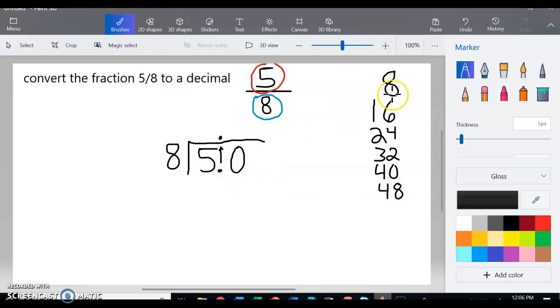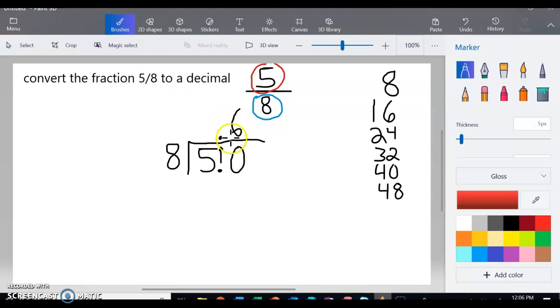So, how many times did we count 8? 1, 2, 3, 4, 5, 6. So this 6 is now going to come to the right of our decimal because, remember, we put 8 into 50. Therefore, our 6 must go on top of the 0, and it must go after the decimal. Now we're going to treat this like any other normal division problem.